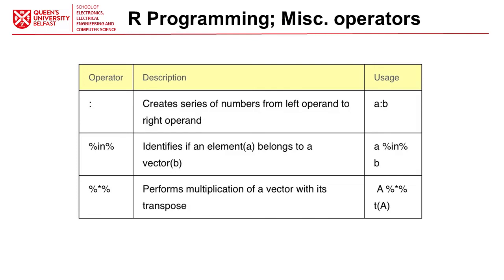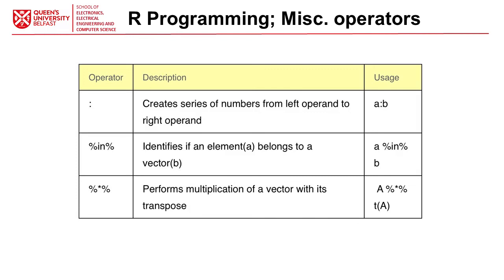Okay, so this identifies if an element, for instance, A, belongs to vector B. Or this one performs multiplication of a vector with its transpose.